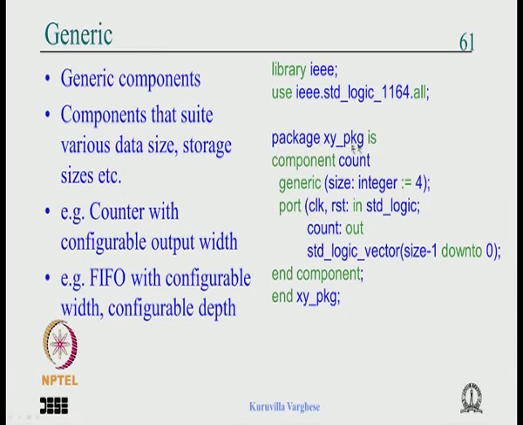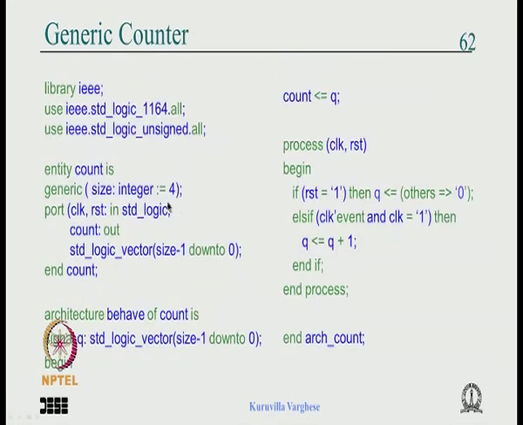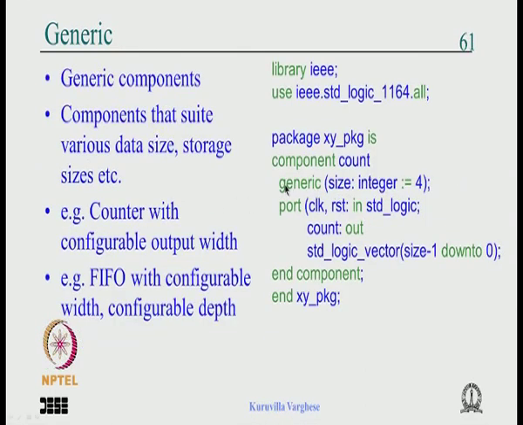Then we say package xy packages, and whatever was in the entity, like the generic and the port, we write here: generic, the same as the port declaration, and then end component. The generic is required because the compiler has to verify the data type when we instantiate, that it is an integer. That is why it is written here.